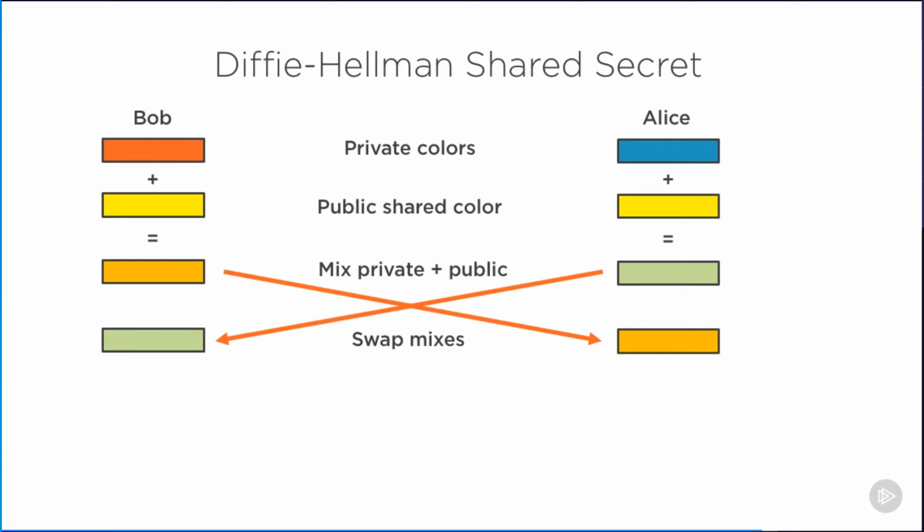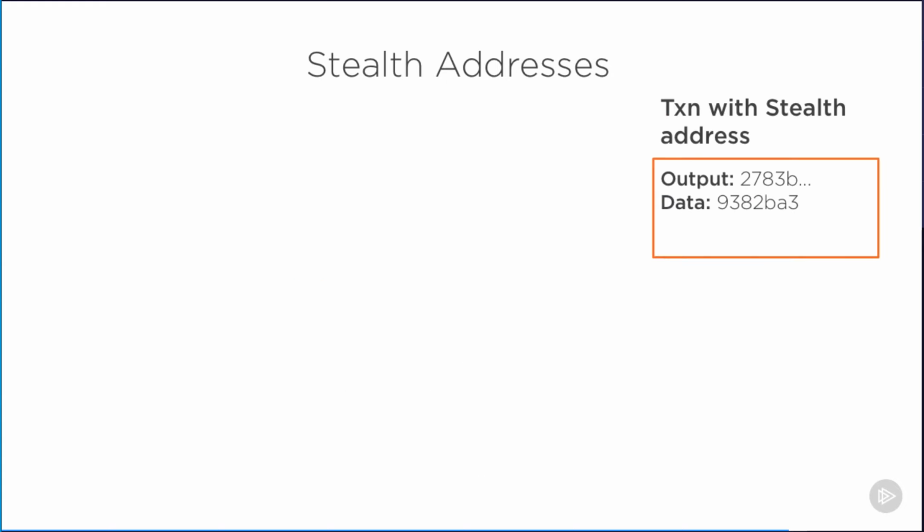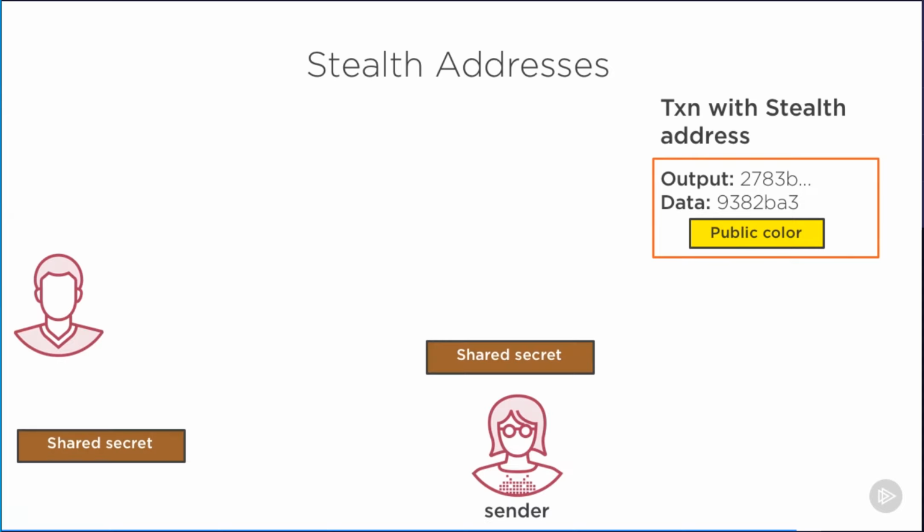Then they mix the shared color with their secret color again and arrive at a new color that no one else can calculate. Both Bob and Alice mixed 3 colors, but the public only saw the public shared color and the partial mixes. Although I won't go into the precise details, you can think of the public shared color as the extra data that the sender includes in a transaction.